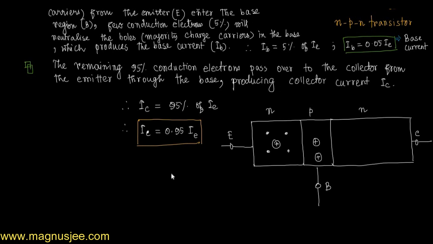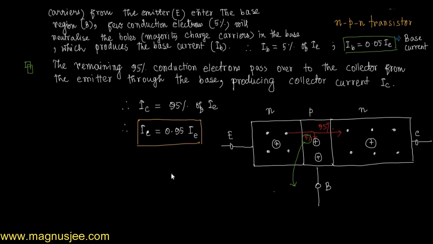On the right hand side, in the N-type collector, you can denote conduction electrons as majority charge carriers, and holes are minority charge carriers. Out of 100 conduction electrons, 5% will neutralize the holes of the base, and the remaining 95% will migrate into the N-type collector.